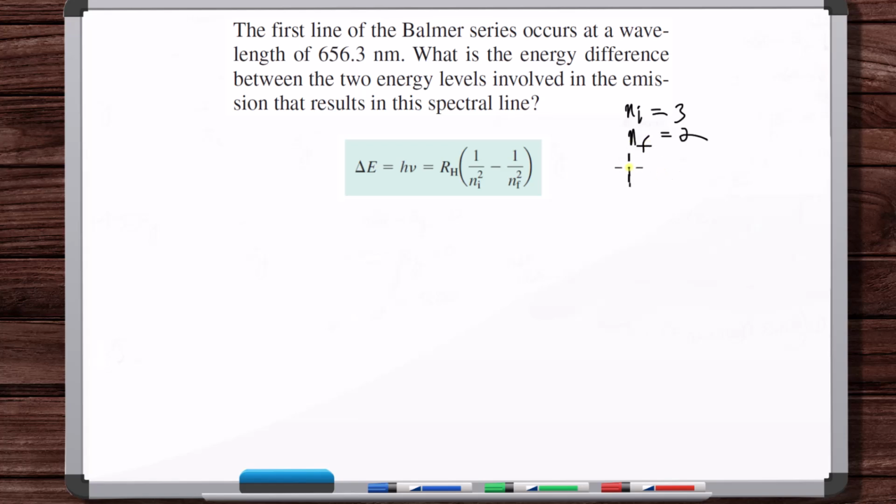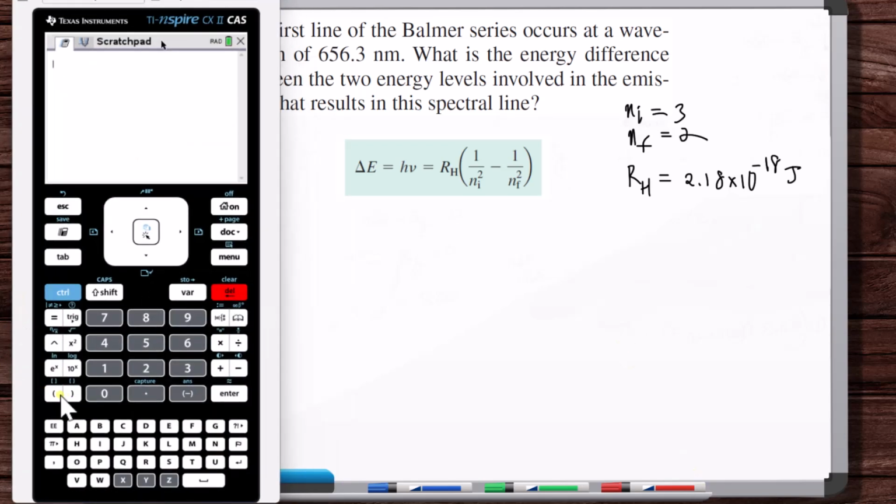Okay, now what is that R sub h? That is 2.18 times 10 to the minus 18 joules. Okay, so there we go. We've got 1 over 9 minus 1 over 4 times 2.18 times 10 to the minus 18.